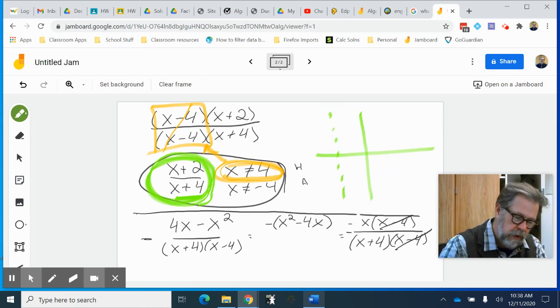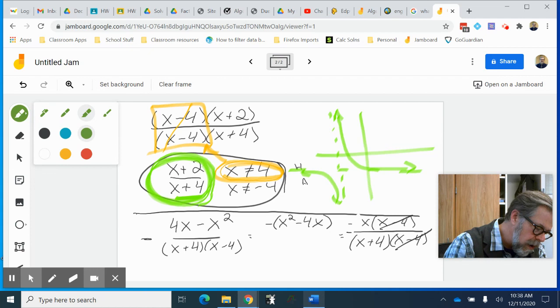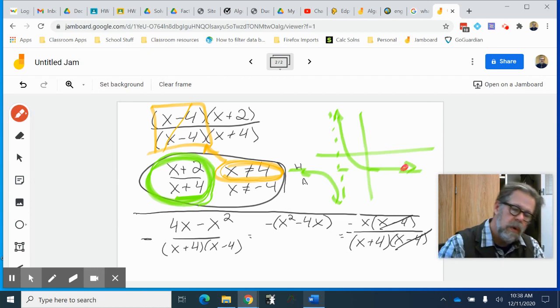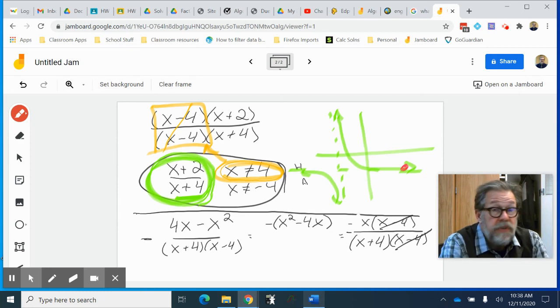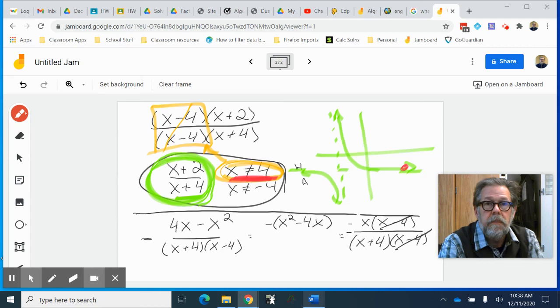There'll be some vertical shift. I don't know off the top of my head what it is. I don't really care. So they're going to draw some graph that looks like this. And what their graph will not have is a hole, because they don't know that there's a hole there unless you tell them.